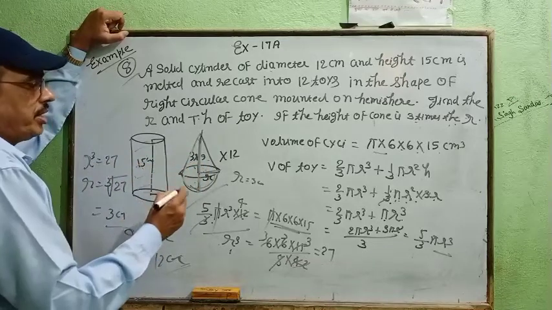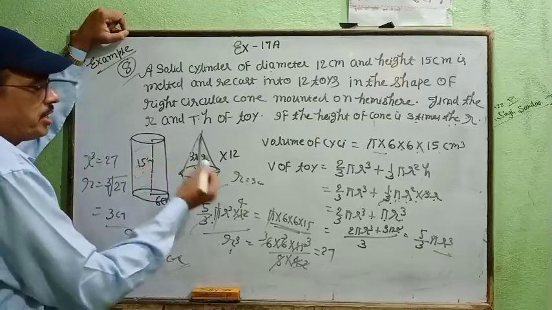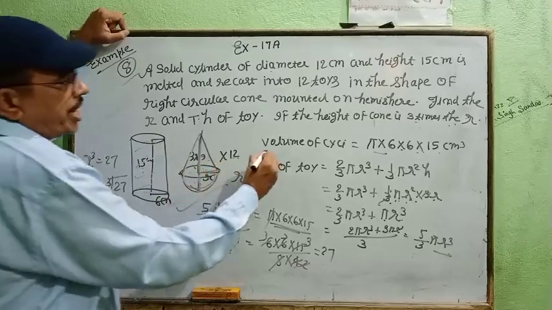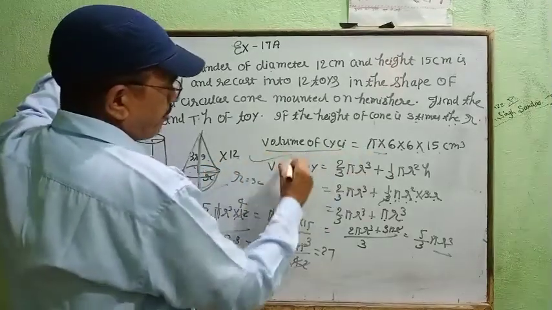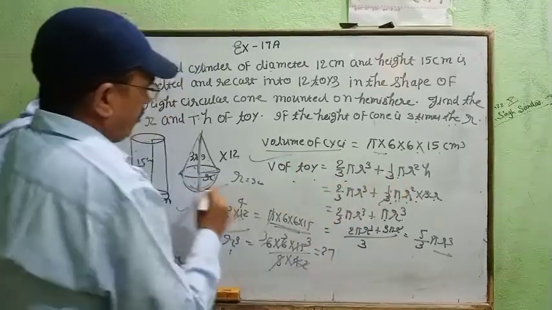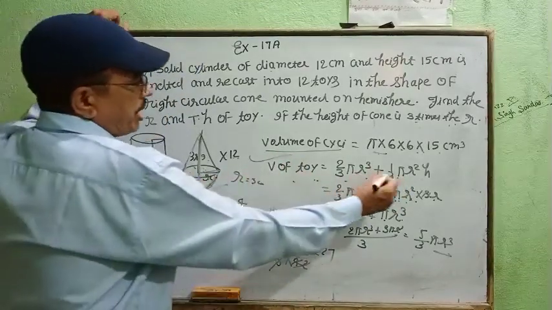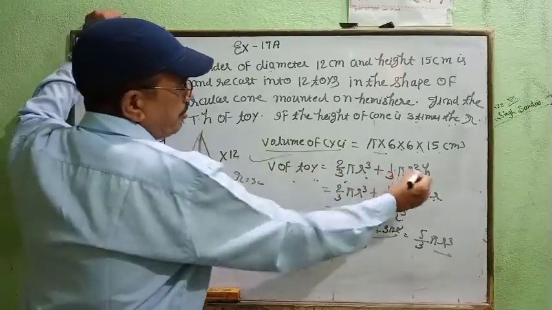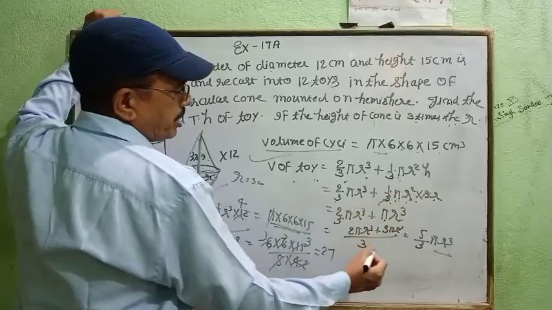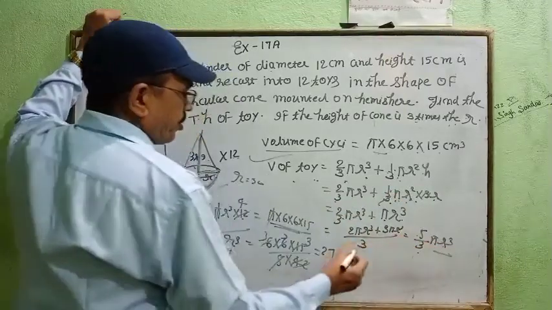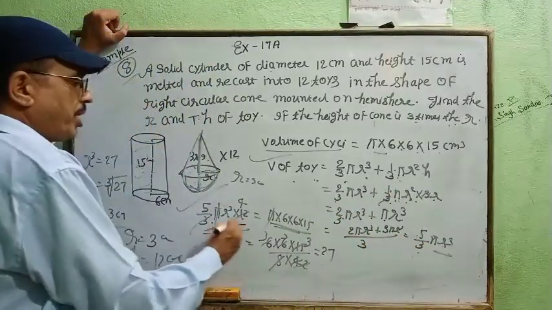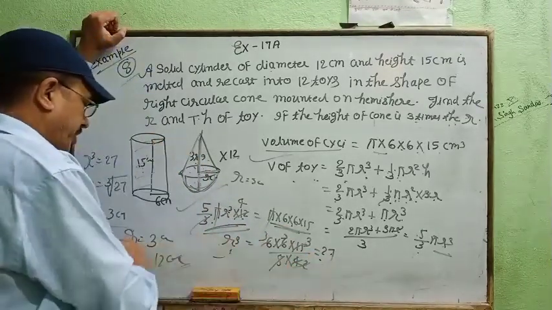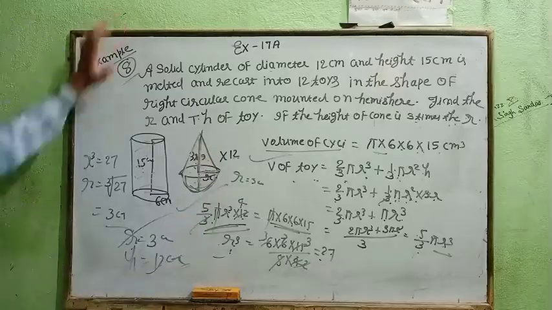When melted, the volume of the cylinder is equal to the volume of this toy multiplied by 12. So first I write the volume of the cylinder, then the volume of the toy. It is in two forms, first a hemisphere and second a cone. So 2 by 3 pi r cube plus 1 by 3 pi r square h gives 5 by 3 pi r cube, multiplied by 12, and it is equal to the volume of the cylinder. Then r will be 3 and the total height will be 12 cm.